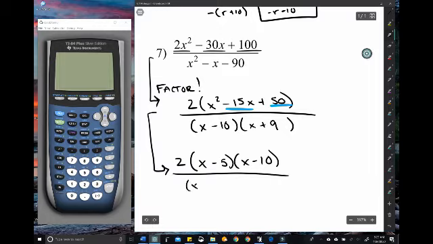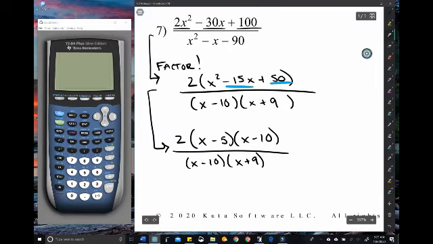And then x minus 10 in the denominator and an x plus 9. Now I know they're not lined up exactly, but since it's all multiplication, we can cancel out factors. So the minus 10s cancel out. And that leaves us with 2 times x minus 5 all over x plus 9.